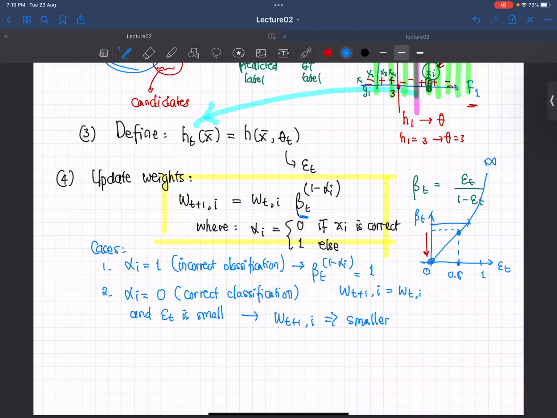Any other questions here? So let's take a look at the third case. Alpha i equal to 0, correct classification, and epsilon t is not small, it's large. Means that beta t is greater than 1.